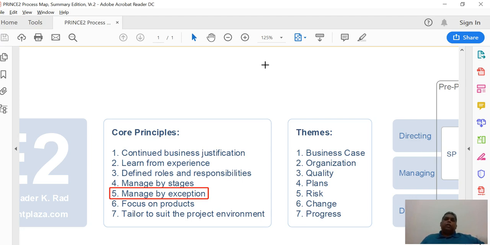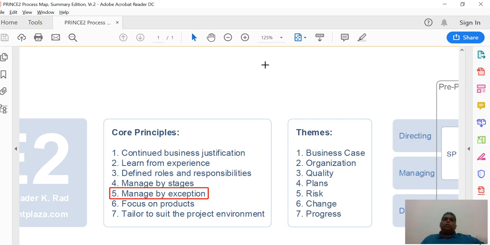Let me give you an example. Let's say the PM is given an authority to make decisions on budget variance that are less than 10% of a particular stage budget. Well, that would really help the PM to take a call if the budget goes over and beyond an agreed upon figure, and if it is less than 10%, the PM would put on his thinking cap before he goes to the direction team.